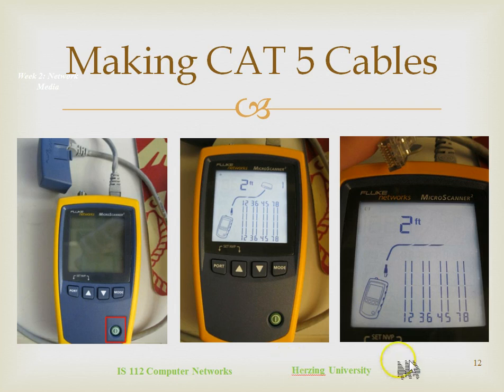When we make our own wires, we are wiring numbers. The wire numbering will be in order of 1, 2, 3, 4, 5, 6, 7, 8. Okay, I'm sorry, it'll be 1, 2, 3, 6, 4, 5, 7, 8. If you hit the up and down wires, it will narrow in on each pair and test the length.